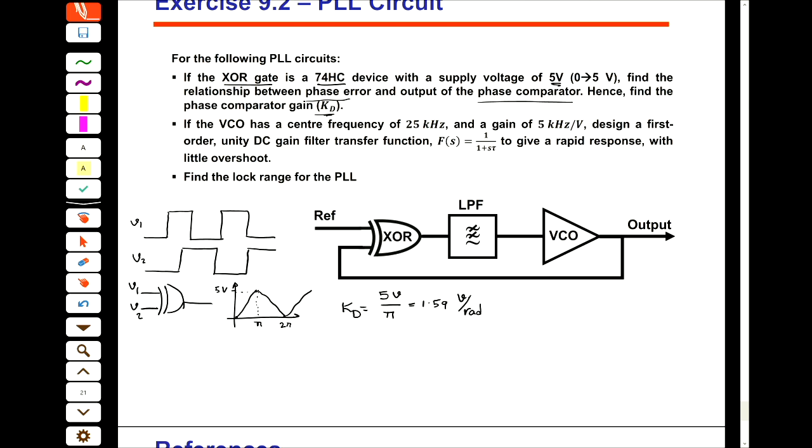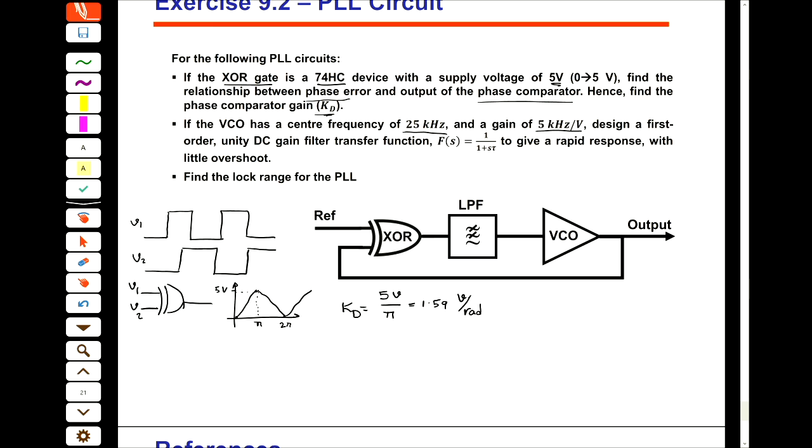So this is for the first part. In the second part, it says we have a VCO working at 25 kilohertz, and the gain of the VCO itself is 5 kilohertz per volt.